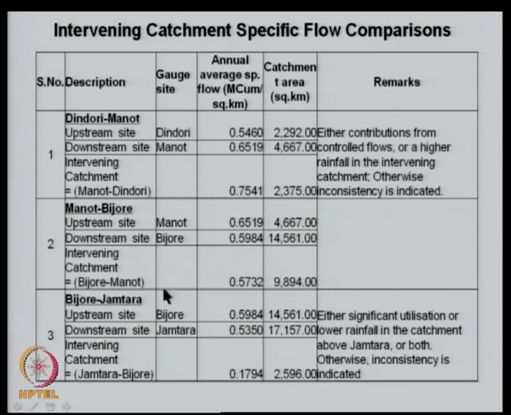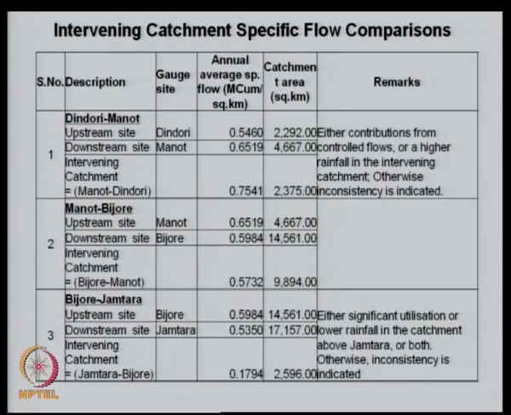Between Bijore and Jamtara, you see again that the intervening catchment specific flow is much smaller compared to the specific flows at either of these stations, Bijore or Jamtara. Now, what does this mean? It means that either there is a significant utilization or significantly lower rainfall in the catchment above Jamtara, or both of these are true.